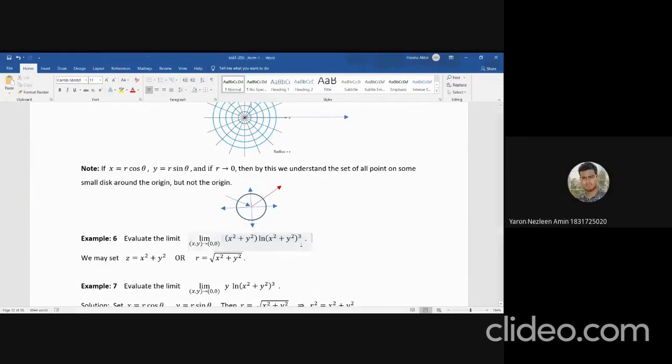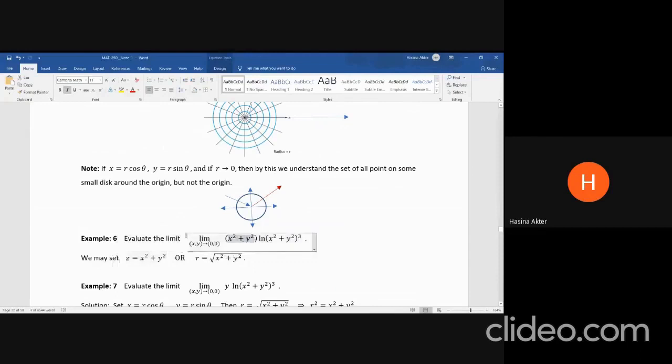Yes, miss. Why? r means the coordinate in polar coordinates? Yep, that's the first coordinate in the polar coordinates. Both methods work because you can use z, because look at the equations.